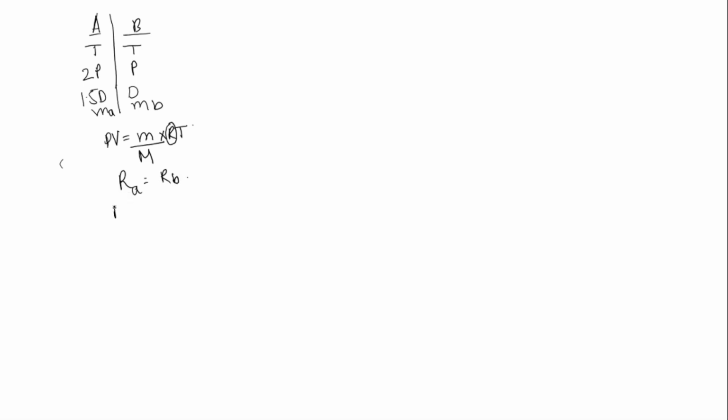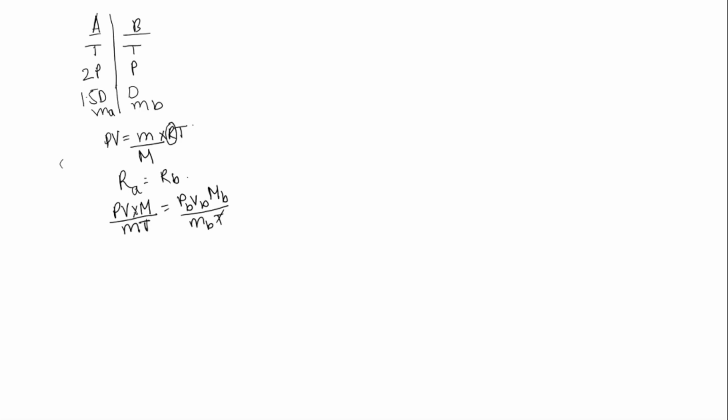So you can write PV into M by small m into T is equal to pressure of B into volume of B into molecular mass of B by mass of B into temperature. Temperature of both gases is the same, so it will get cancelled.